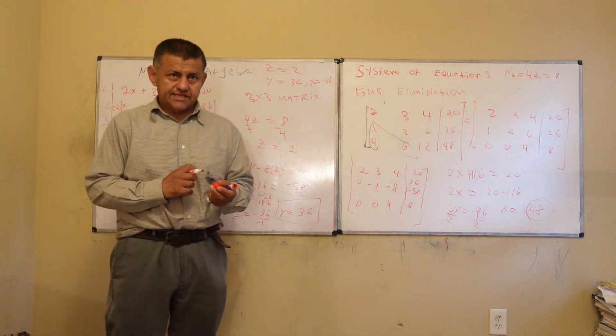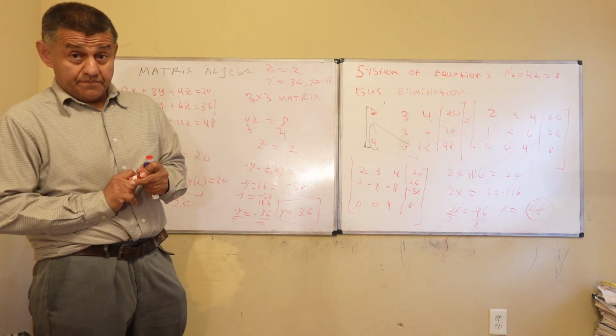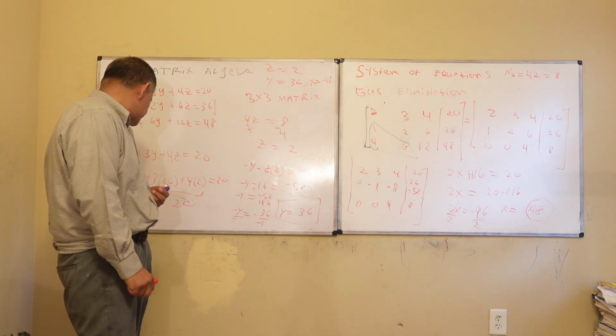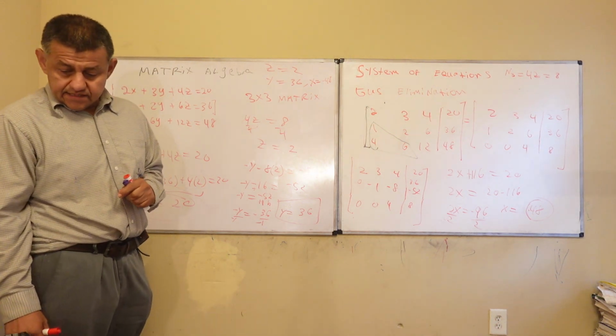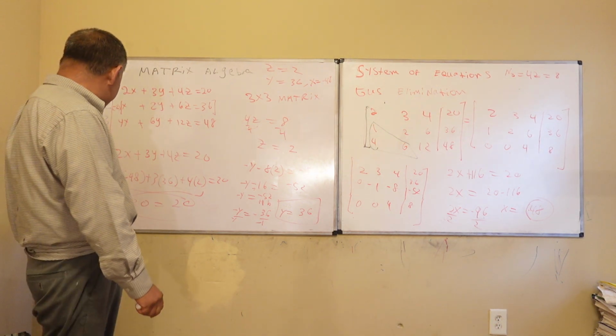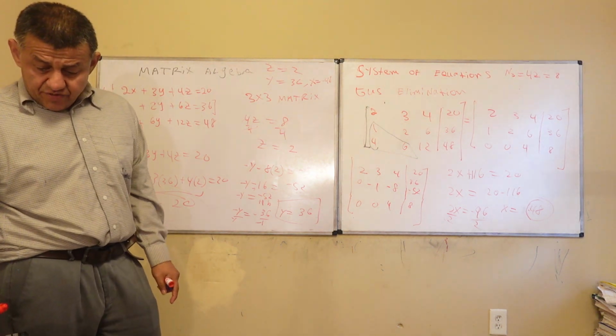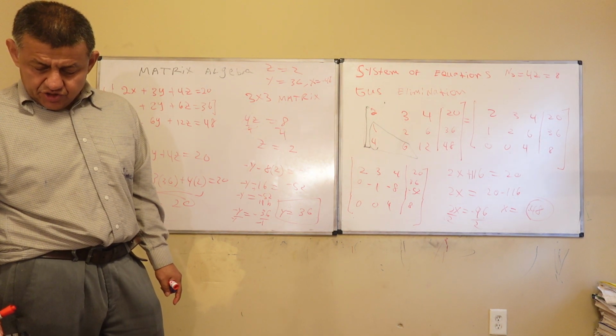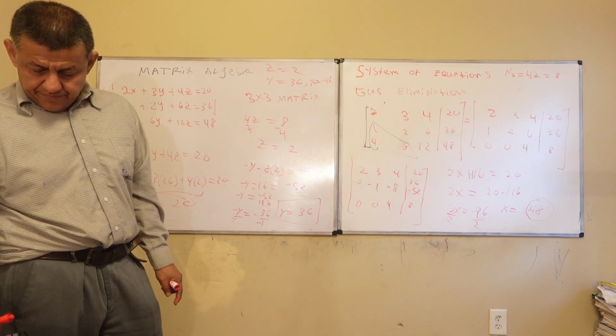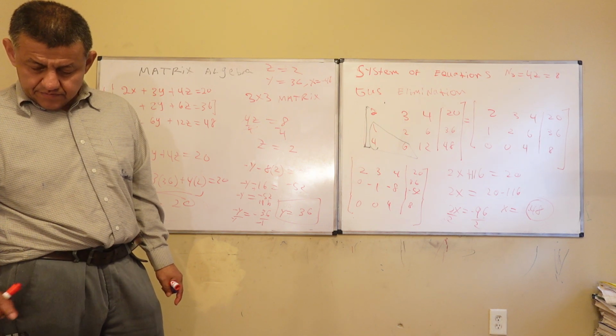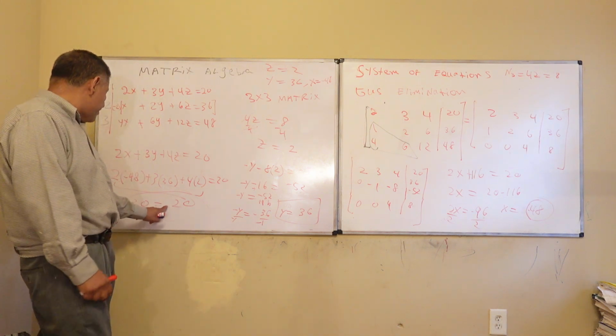That's a beautiful thing, isn't it? Beautiful. So this is a negative 96, right? And then you add to that back 108.